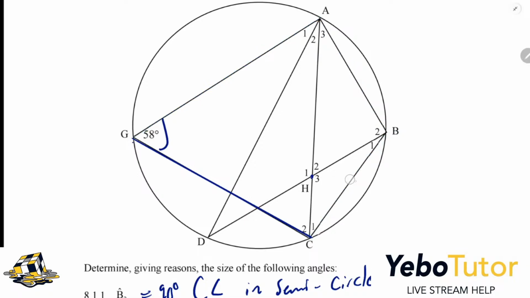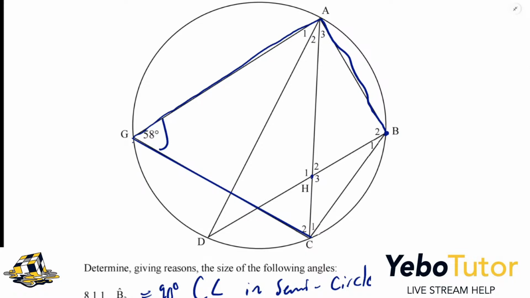So we can see that this is a cyclic quadrilateral over there. I'm sure we can solve that first, because we know that it's a cyclic quadrilateral.